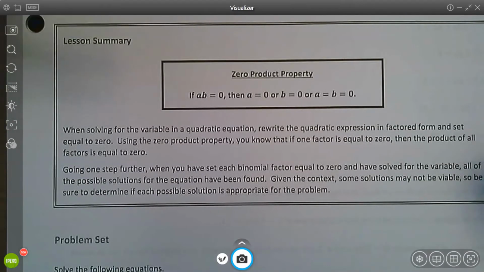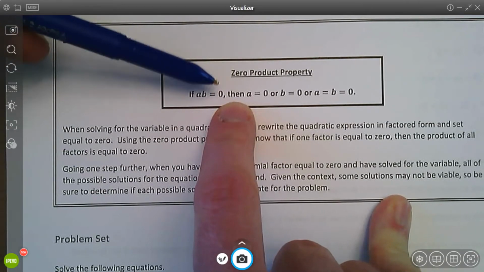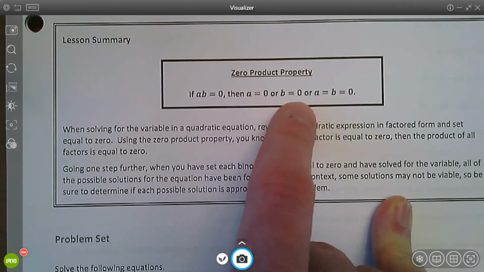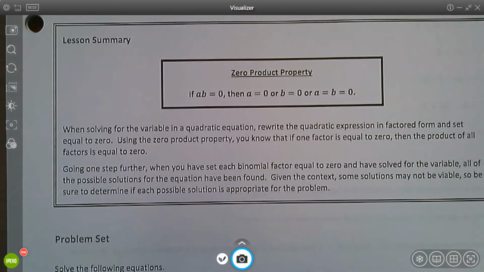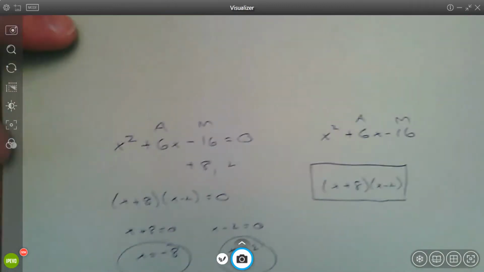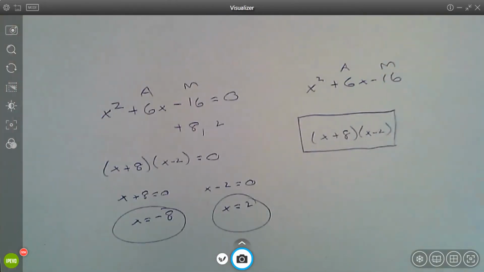The zero product property says if you're multiplying two things and getting 0, then either the first thing is 0, the second thing is 0, or both are equal to 0. And we're going to use that, as you just saw here, in terms of factoring. The first factor equals 0, or the second factor equals 0. So we're going to set our factors equal to 0 and solve.